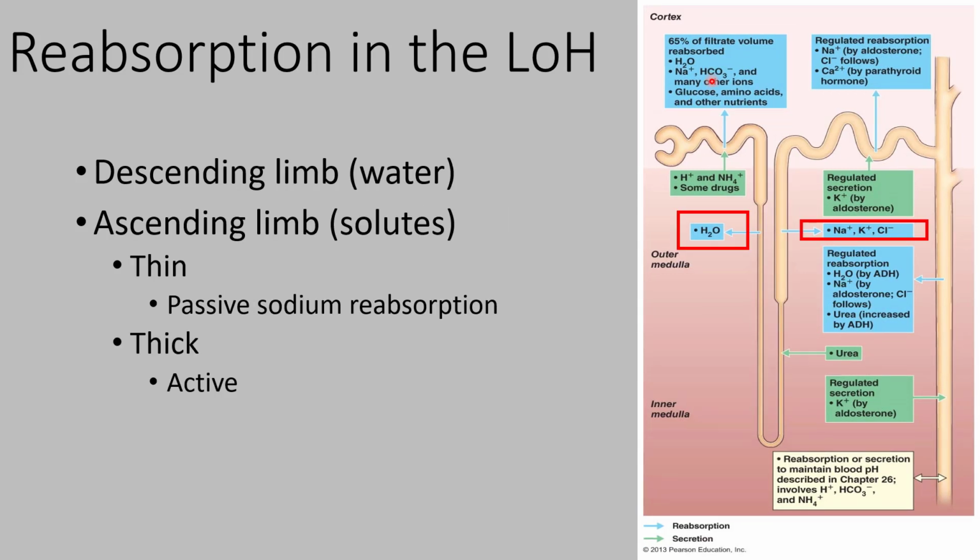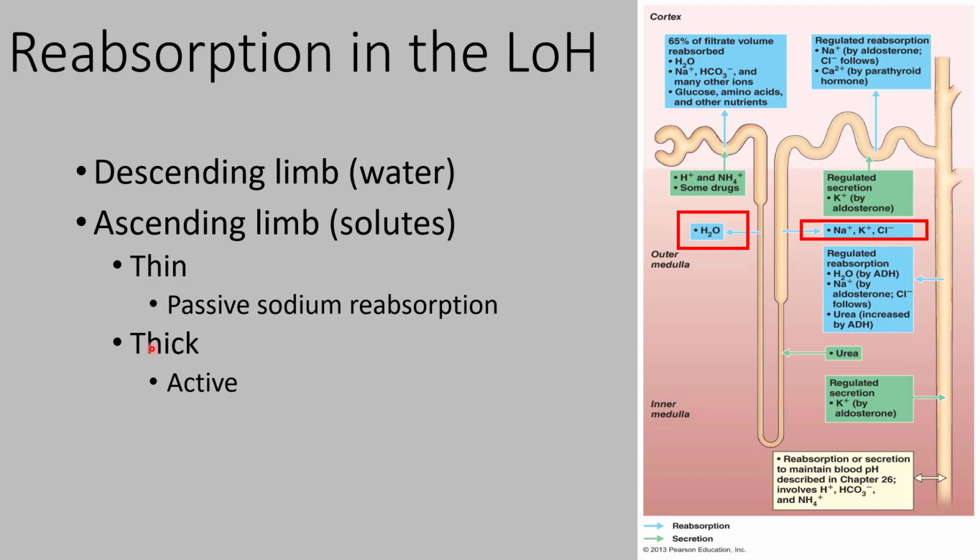So what's reabsorbed at the loop of Henle? At the descending limb of the loop of Henle, water is reabsorbed. At the ascending limb of the loop of Henle, there is a thin limb and a thick limb. At the thin limb, there is passive sodium reabsorption, and at the thick limb, there is active sodium reabsorption.